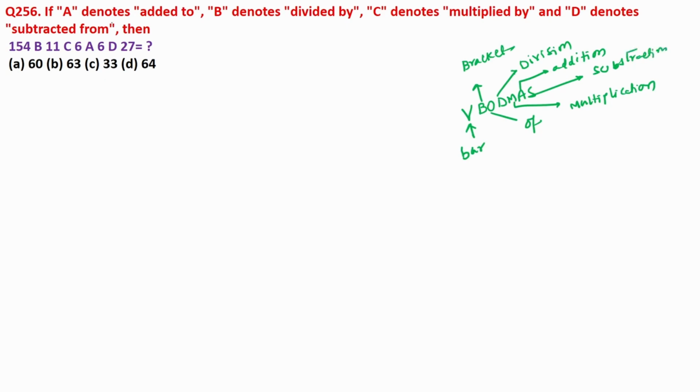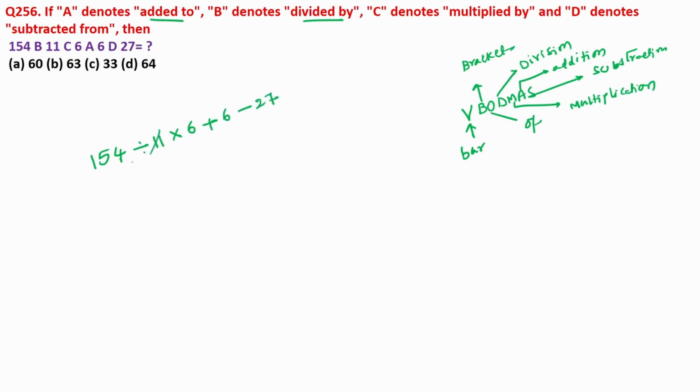Now just replace here: A denotes added, B denotes divided, C denotes multiplied, D denotes subtracted. Now 154, where B denotes divided by 11 and C denotes multiply. So 11 is multiplied with 6, A denotes added 2, and D denotes subtracted 27. You just identify the relation.